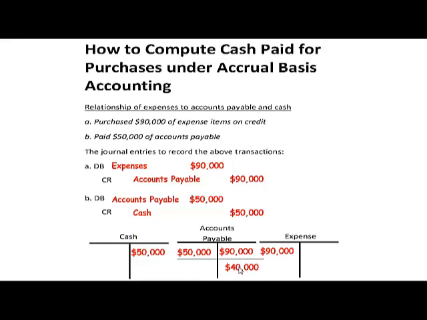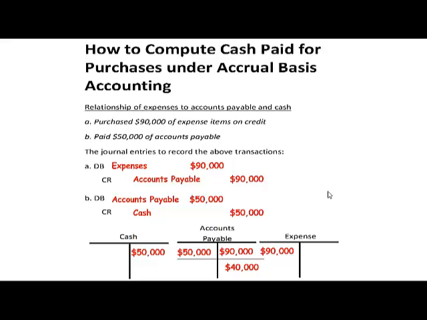We have $40,000 balance of accounts payable, which represents the excess of credits over the debits in accounts payable, and we have $90,000 worth of expenses. And what you can see, if we take the $90,000 of expenses and subtract out our increase in accounts payable, the difference between the two is our $50,000 outflow in cash.